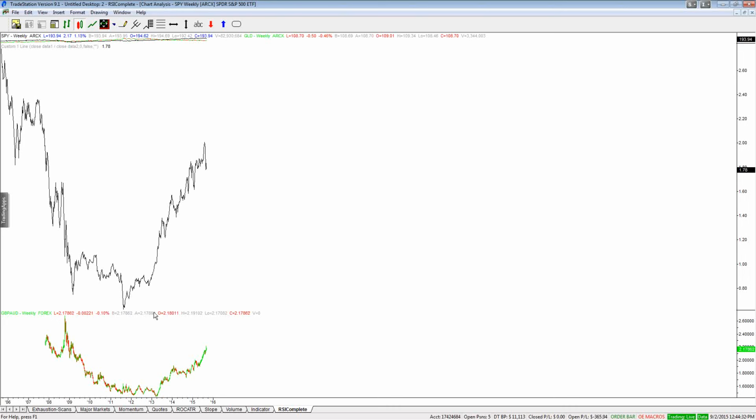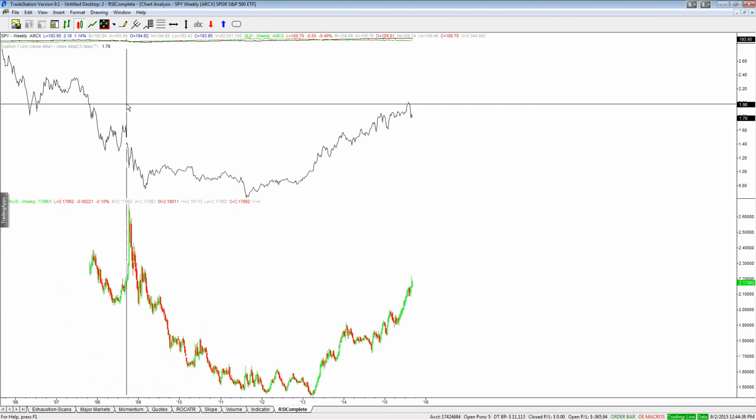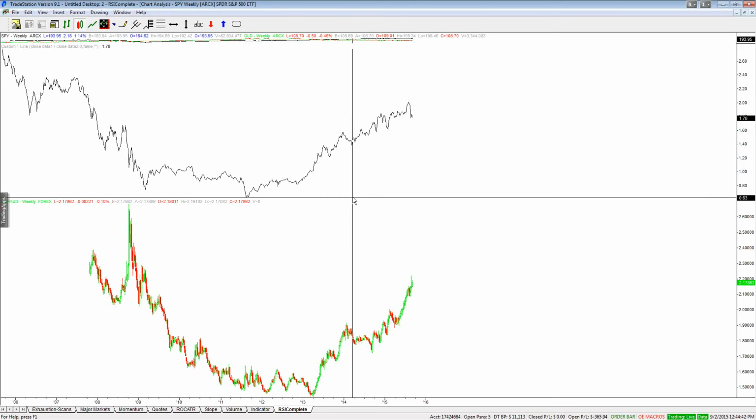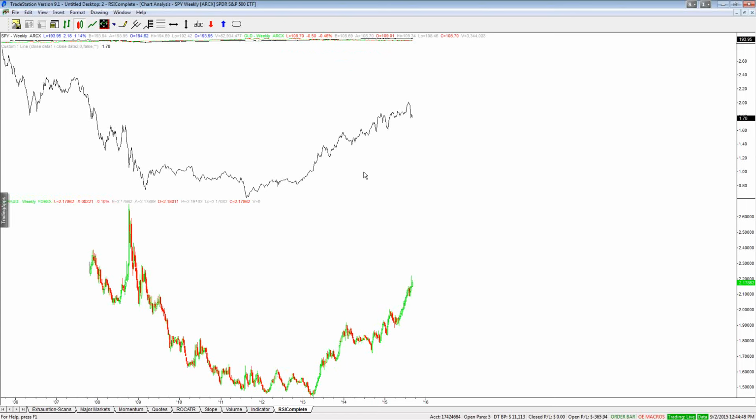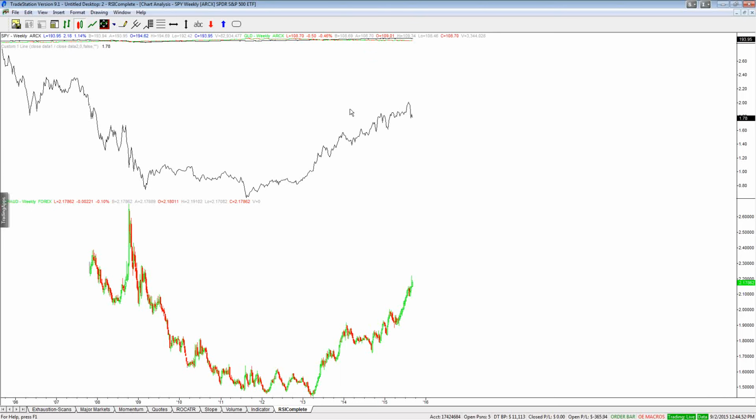So here's pound Aussie on the bottom, and here's the gold or stock gold ratio on top. At its core, this is really, again, soft assets against hard assets, and pound Aussie is a good proxy for that.